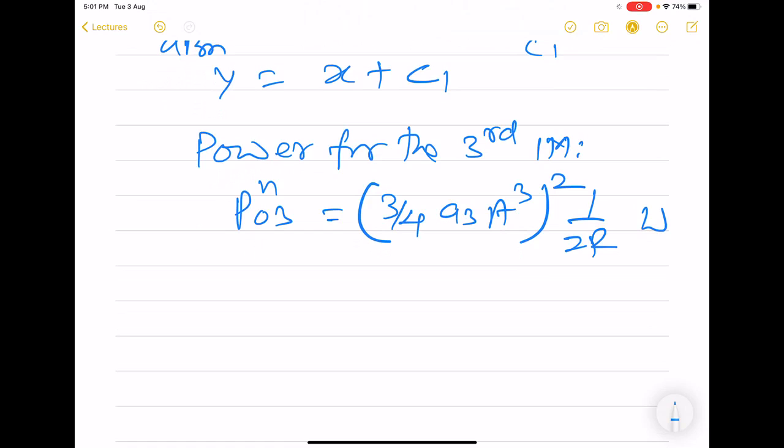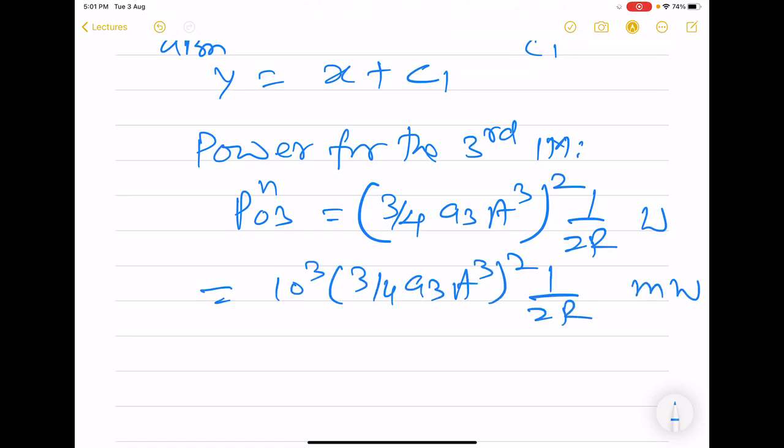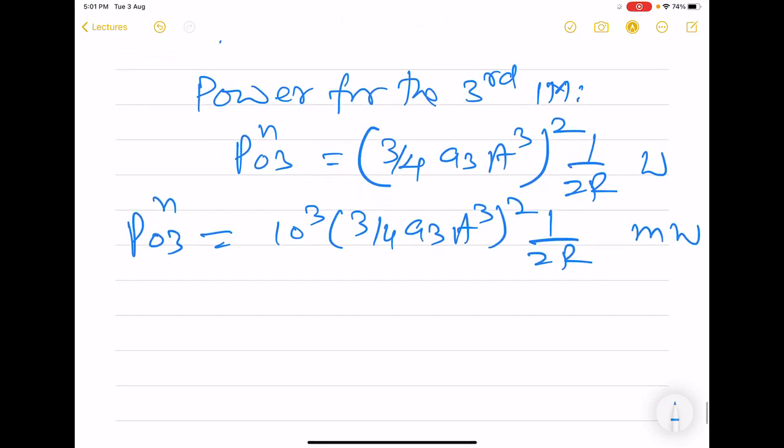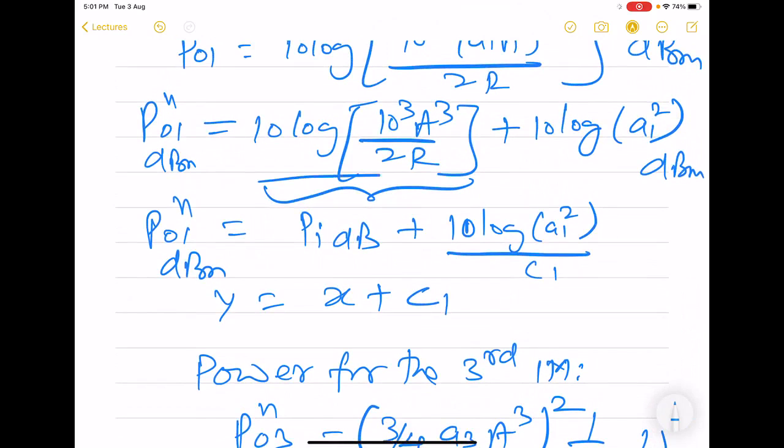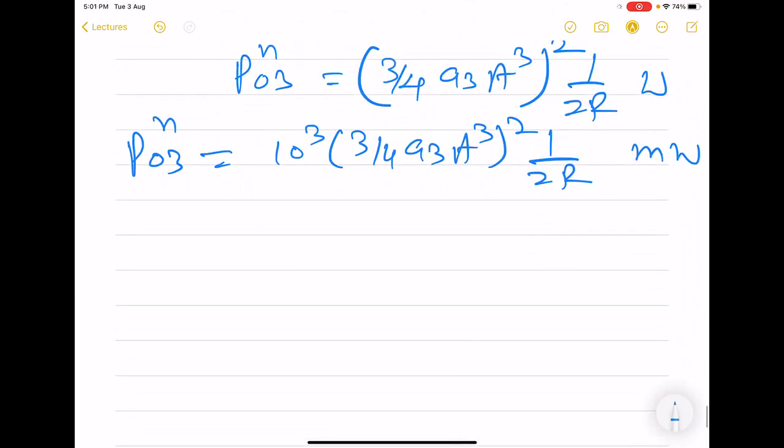Now when we convert this into milliwatt, this becomes 3 by 4 a3 a cube whole square by 2r milliwatt. Now our objective will be to write this also as a function of the input power. That means this quantity. So we will do some manipulation here.